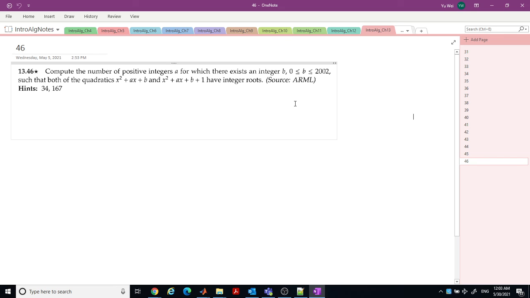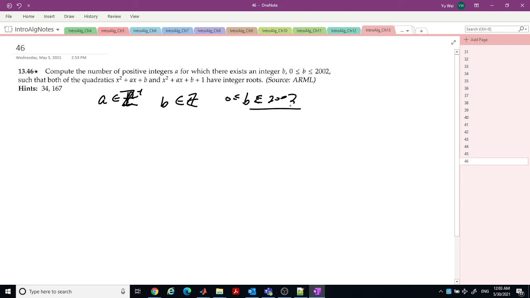Okay, the last one. So we have a integer. So a belongs to the positive integers, and b also belongs to the integers. Then we know b is greater than or equal to 0 and less than or equal to 2002. Now we want both of these equations to have integer roots, right? Now let's solve it.